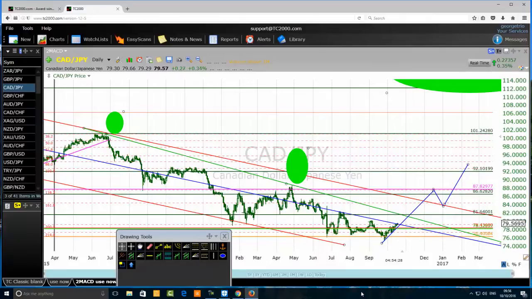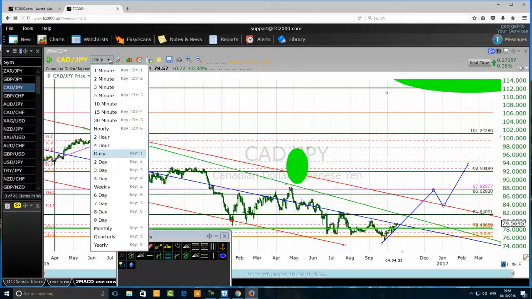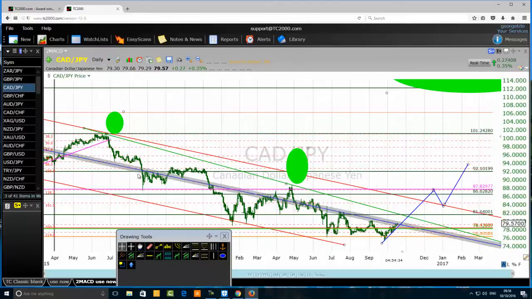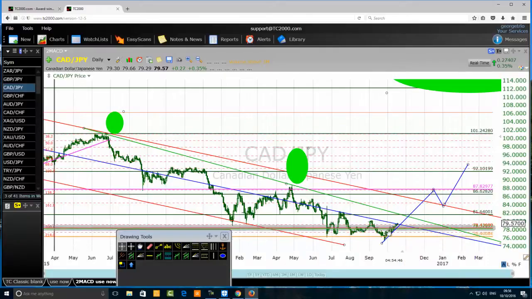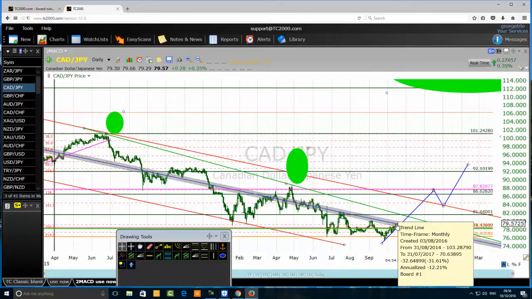Next, again, on the daily chart, one more time, I want to show you: the blue line here is the median line of the red channel. So if you are just buying here, it's a resistance level also, because the price rallied up and now it's on the edge of the median line.